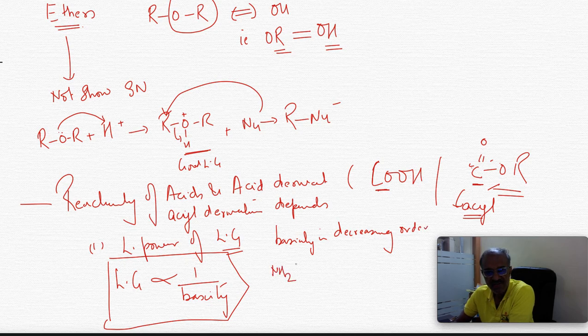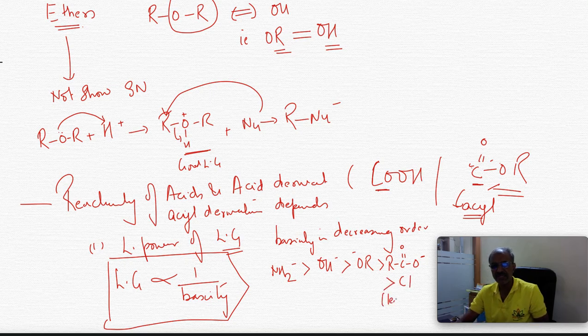NH2 minus, then O minus, then Cl. That means Cl is the least basic and NH2 is strongly basic.